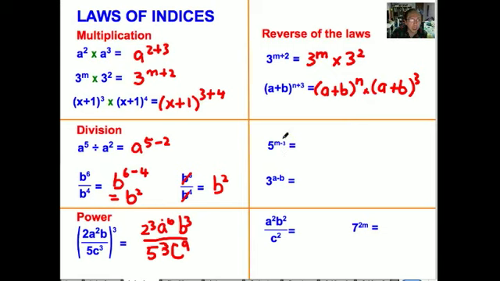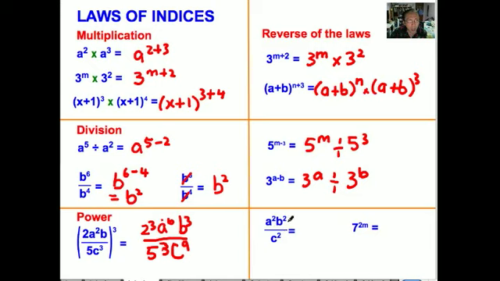And we also see subtraction as division of the same base, 5 to the power of m divided by 5 to the power of 3. And here we have 3 to the power of a divided by 3 to the power of b.